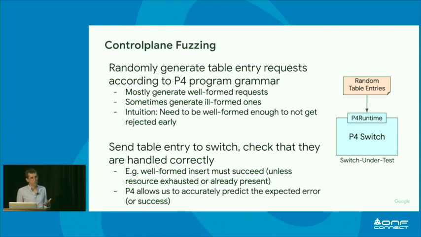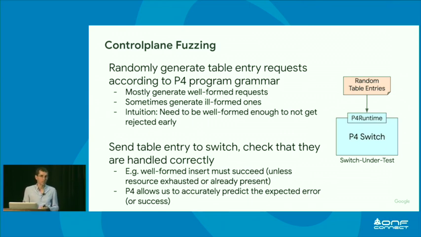And then once we have all of these insertion and deletion requests, we can send them to the switch, and the switch will handle them and return the status. And then the second task is to make sure that those are actually handled correctly. And again, the P4 runtime protocol makes it pretty clear what the switch needs to do. So for instance, if you have a well-formed entry, then the switch is only allowed to do three things.